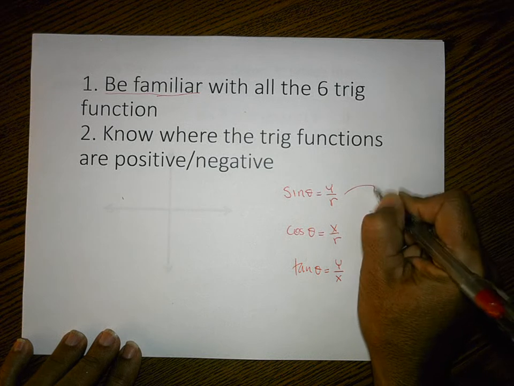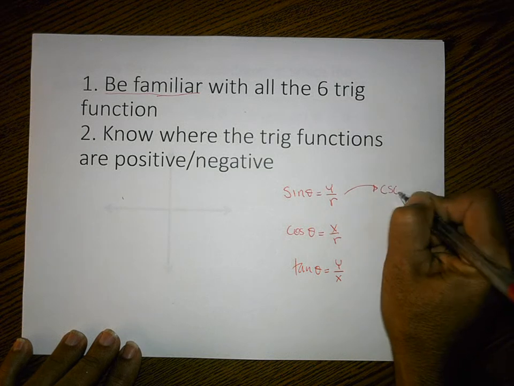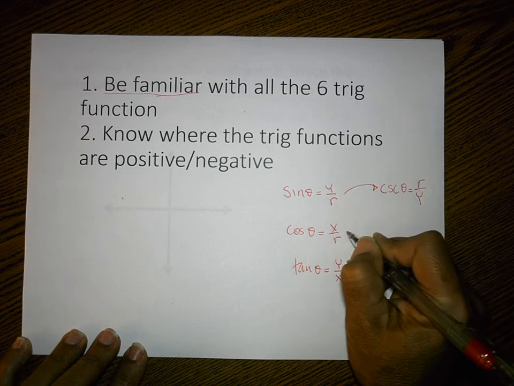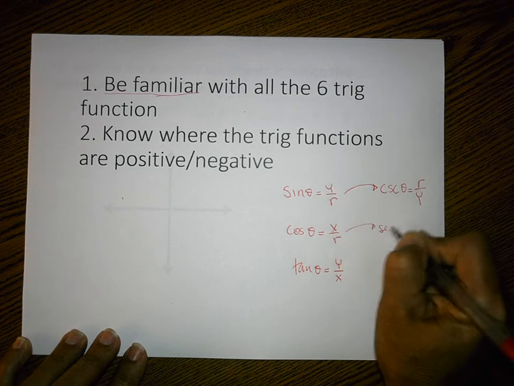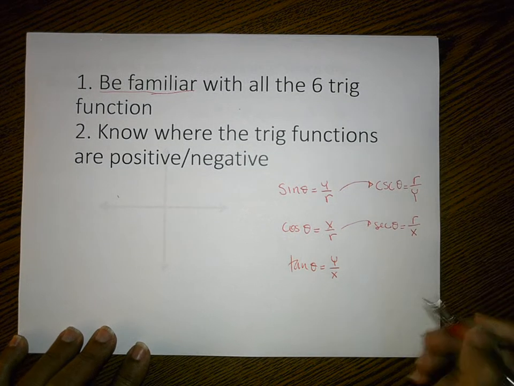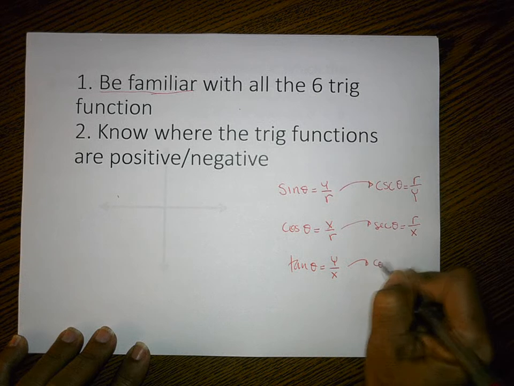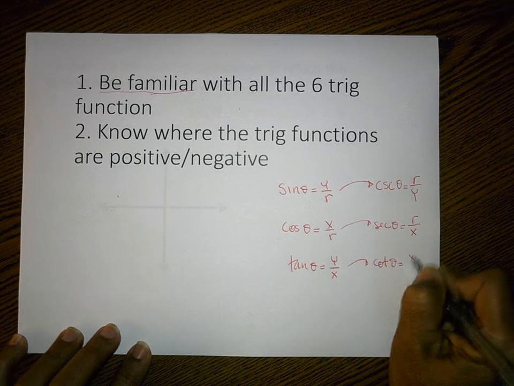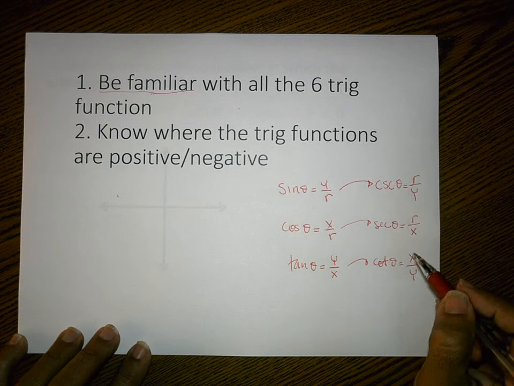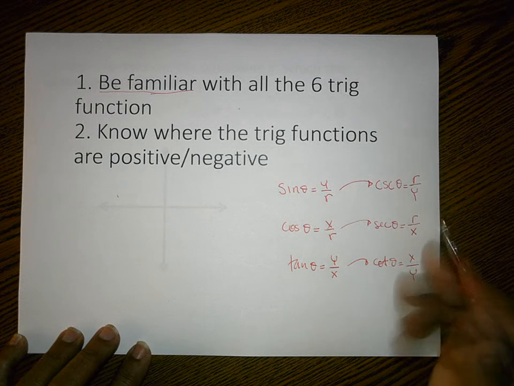I know that the inverse of sine is the cosecant, which means r over y. I know that the inverse of cosine is the secant, which is r over x. And I know that the inverse of tangent is the cotangent, which is x over y.